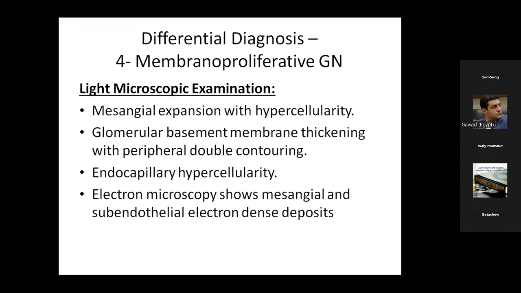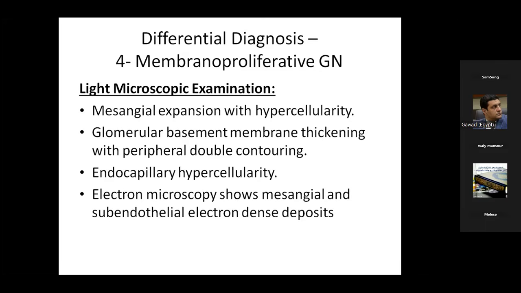Membranoproliferative glomerulonephritis is another differential diagnosis. Why? Because it causes mesangial expansion and glomerular basement membrane thickening. But in this case, mesangial expansion will be with hypercellularity, and glomerular basement membrane thickening will be with double contouring.